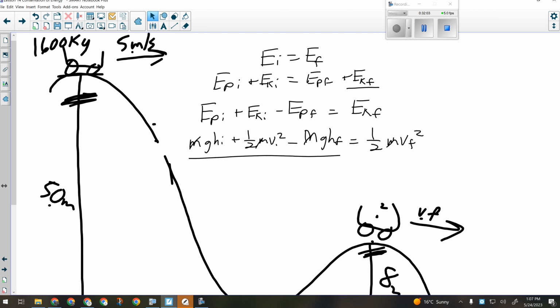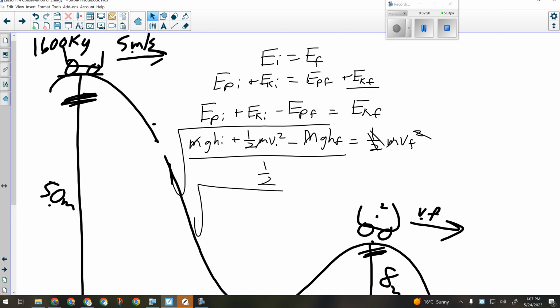Divide it over to the other side, right? That gets me VF squared. What do I want? I just want VF, so what do I have to do with the whole thing? Square root it. Is this always coming out to basically the same thing? There's really only two ways this goes. I solve for H or I solve for V, but it's the same manipulation.